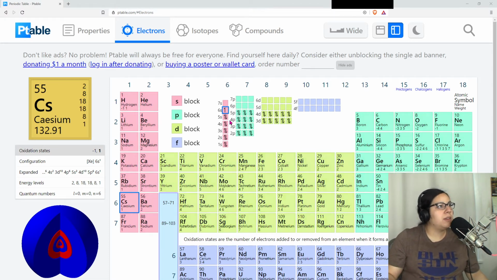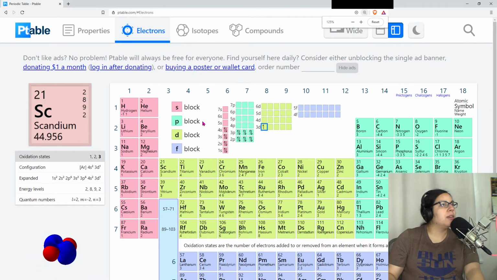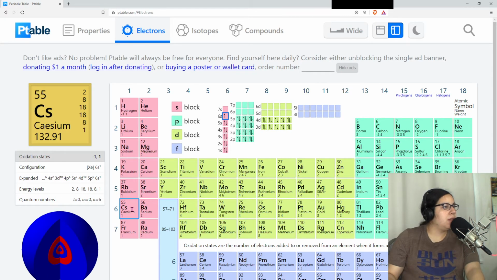And this is why I like it. Let's take a look at cesium. Let me try to zoom in on this. Oh, it doesn't work the greatest, so you might have to check this out on your own computer to see the electrons a little better.